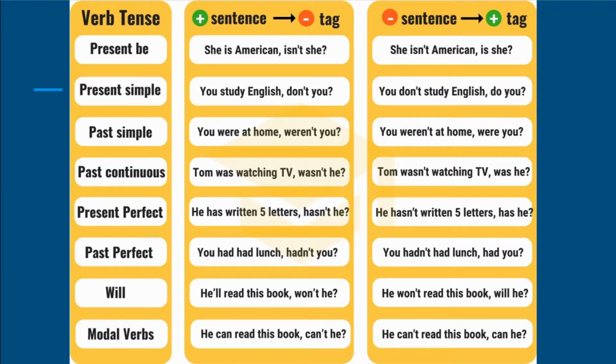Here is a nice quick review of question tags in many different verb tenses. In present be, with a positive beginning, she is American, isn't she? And the opposite, she isn't American, is she? Notice how you can say the same thing in two different ways.